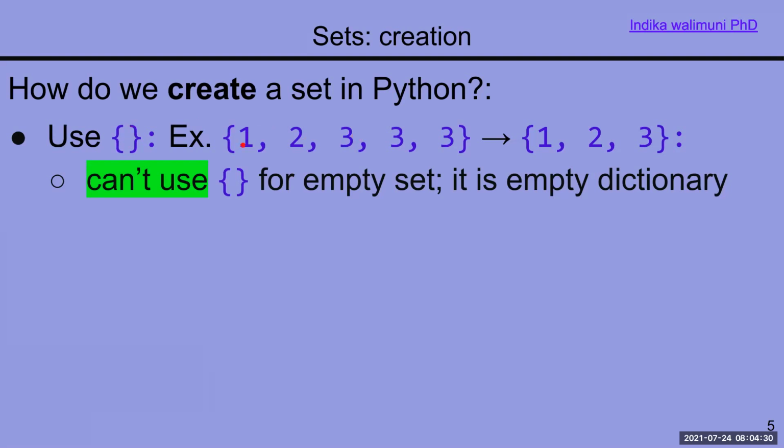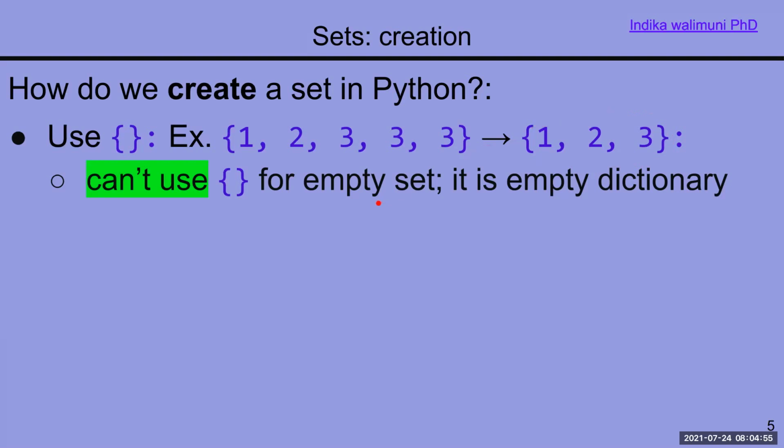If we enclose this set of numbers in curly brackets, we get the set literal 1, 2, 3. Notice the removal of duplicates: we have three threes over here, and we have only one. So it returns this set.